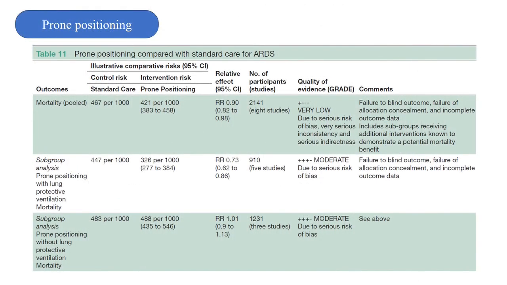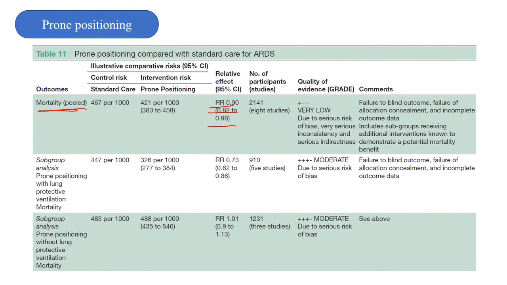The use of prone positioning in ARDS: in the overall mortality, there was a significant improvement with the use of prone positioning. But there are two subgroup analyses that revealed a more beneficial effect.